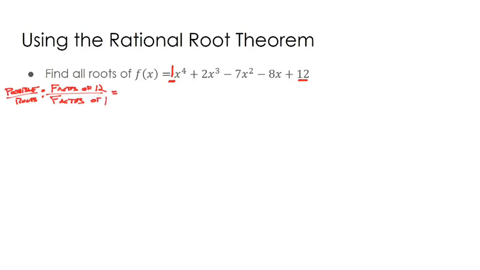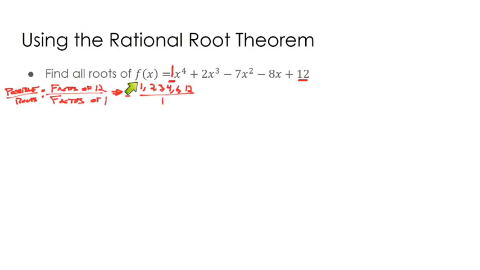And we've got to do positive or negative. So our factors of 12 would be 1, 2, 3, 4, 6, and 12, which is quite a few, but the good news is that our factors of 1 are just 1 and 1.